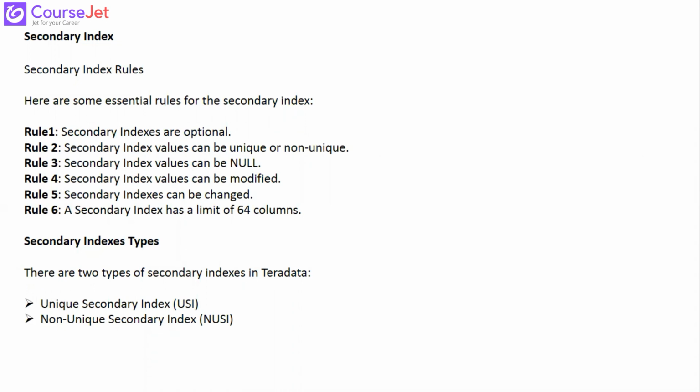So if we want to enforce uniqueness using the primary key column, we should use UPI, correct? Yeah, in that case we can go for UPI, because NUPI won't give that, since it will allow duplicates also.